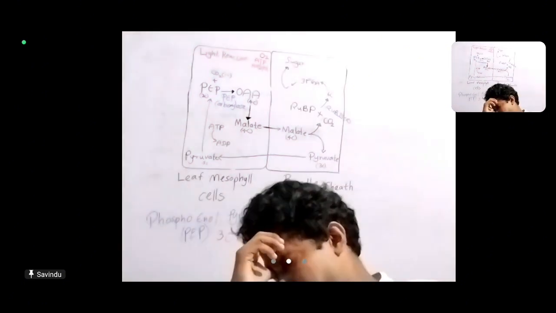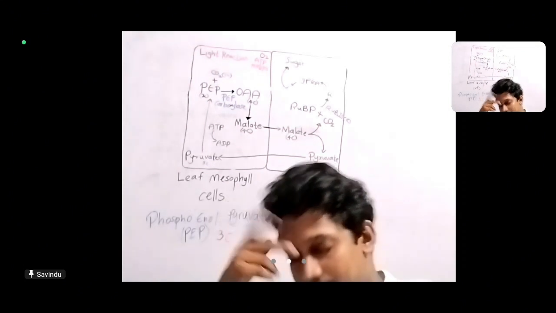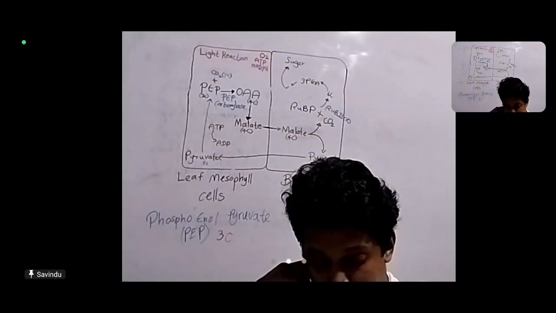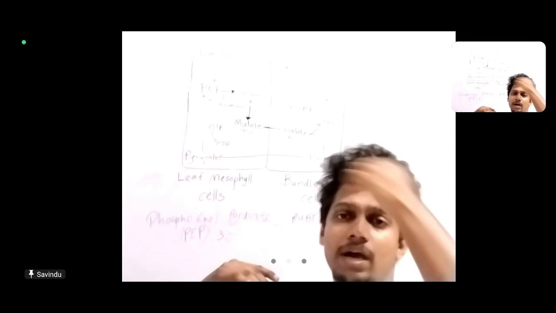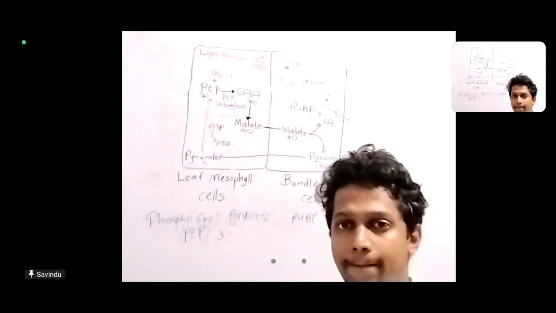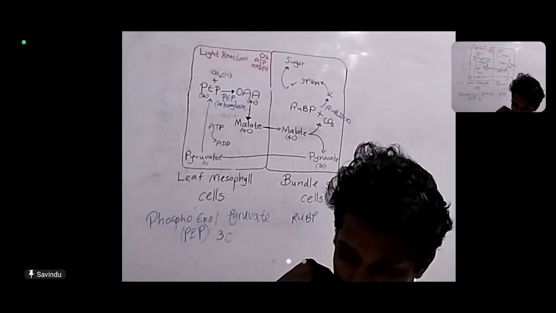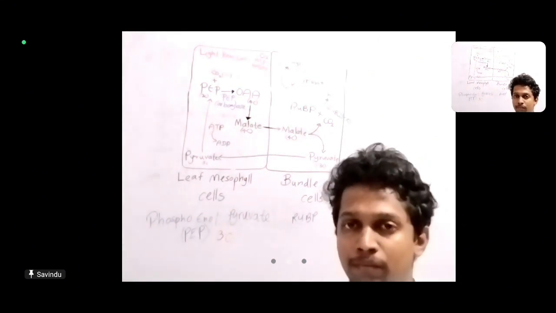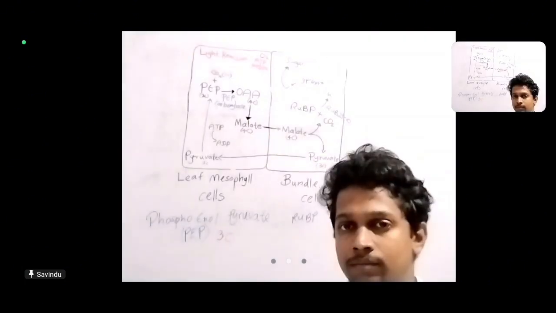Here, next point, here CO2 is fixed again by Rubisco, then go for Calvin cycle. Okay, next point.